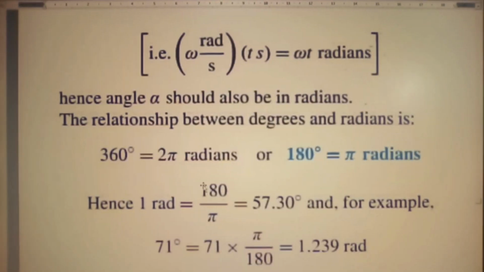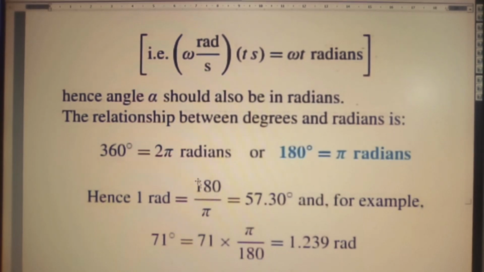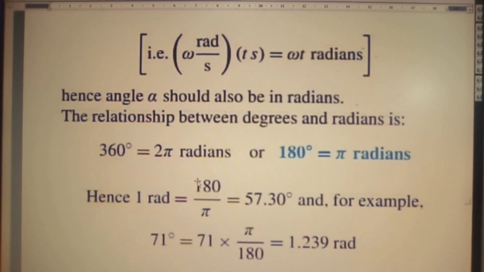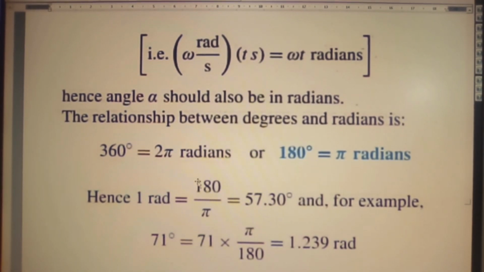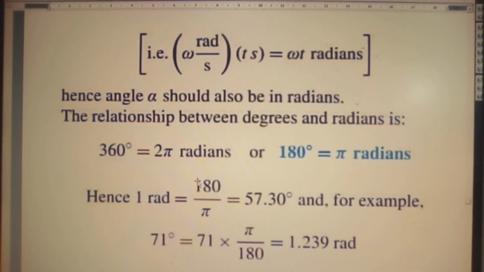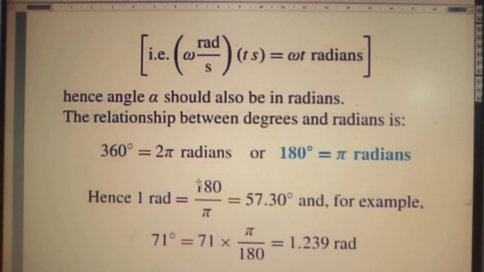Now will that work? Let's just have a look. 71 times 3.142 divided by 180 equals, exactly smack on actually.